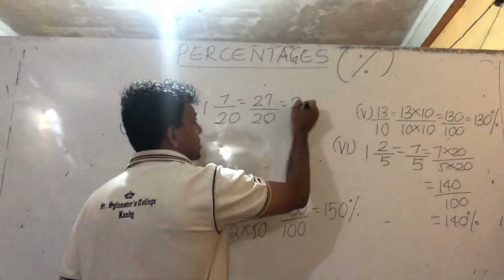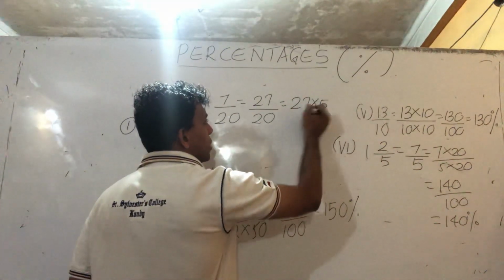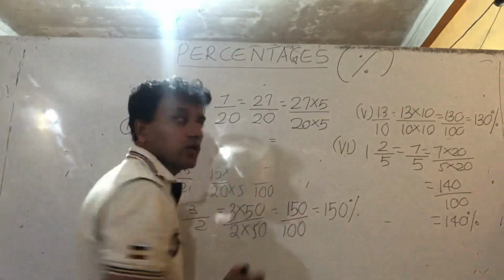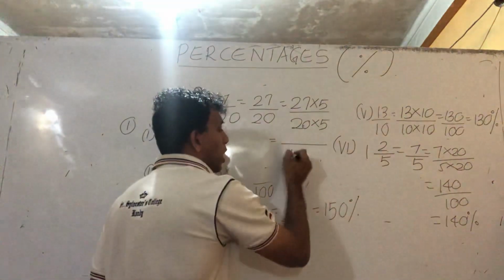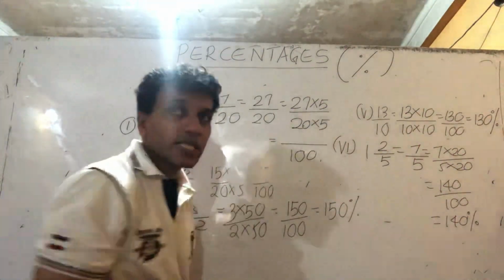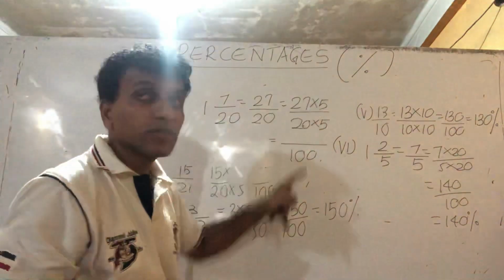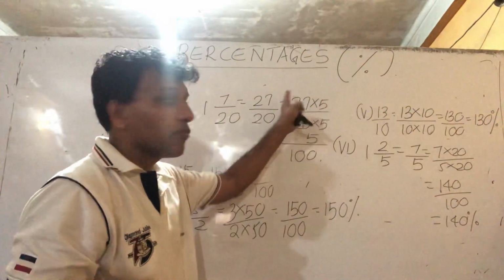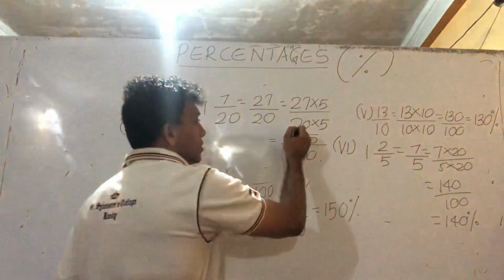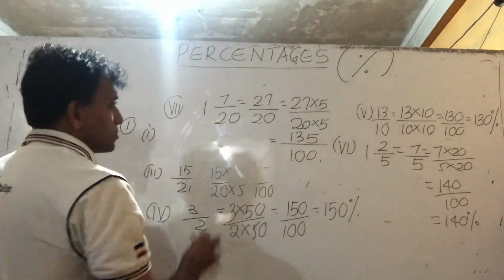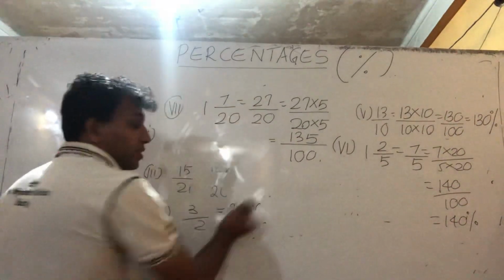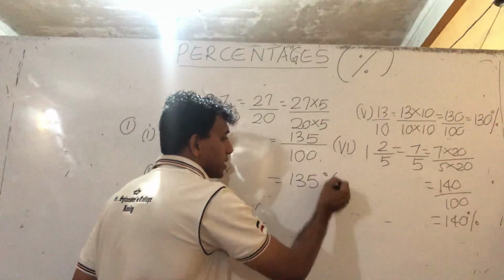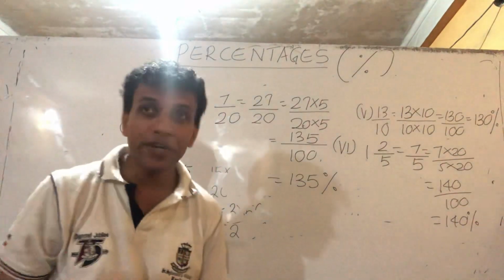So 27 multiplied by 5, below 20 multiplied by 5. So what is that? 20 times 5, 100. 27 times 5, what? 7 times 5, 35. 3 remaining. 5 times 2, 10 and 3, 13, okay? So what is the final answer? 135%.